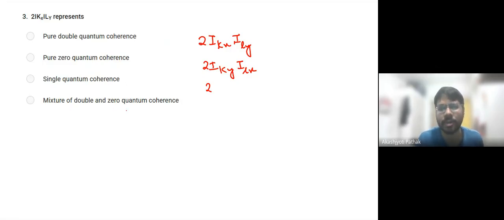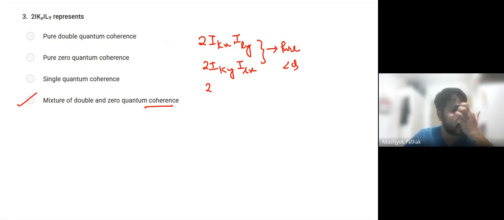They represent a mixture of double and zero quantum coherences, and combinations of these terms can give you pure double. So if it is 2 IKX ILY plus 2 IKY ILX, it will give you pure double quantum coherence, and if there is a minus between these two terms, it will give you pure zero quantum coherence. So the answer is option D for this question. 2 IKX ILY represents a mixture of double and zero quantum coherence.